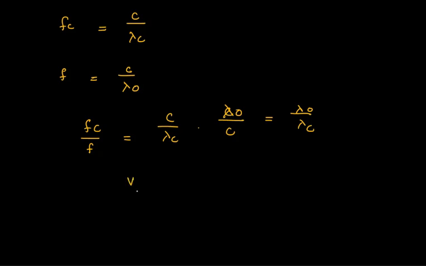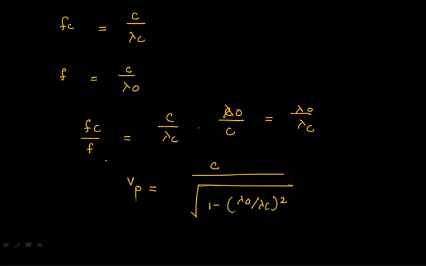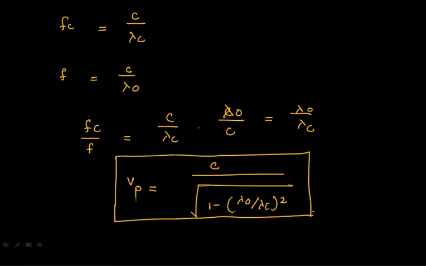So I can write the phase velocity in terms of the wavelength, that is c divided by the square root of 1 minus lambda 0 by lambda c whole square. So I have defined the phase velocity in terms of the frequency, and I have defined the phase velocity in terms of the wavelength. So this is the expression of the phase velocity.